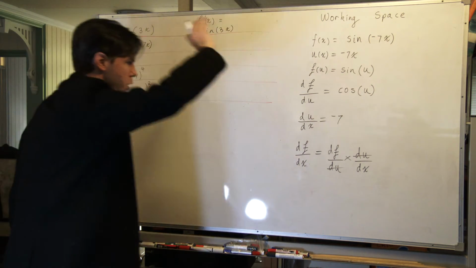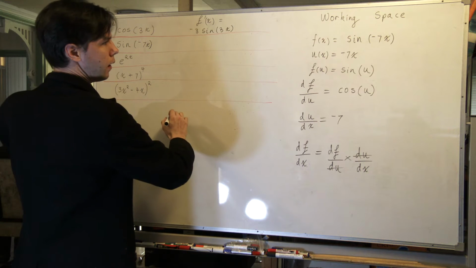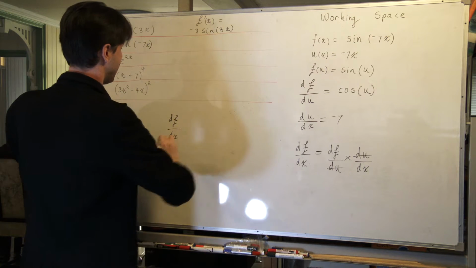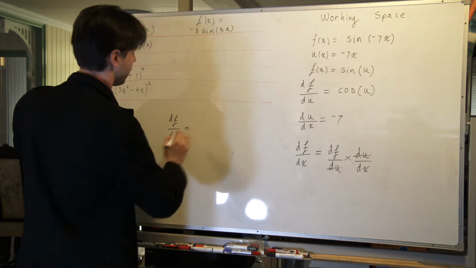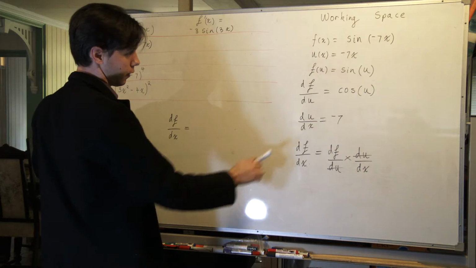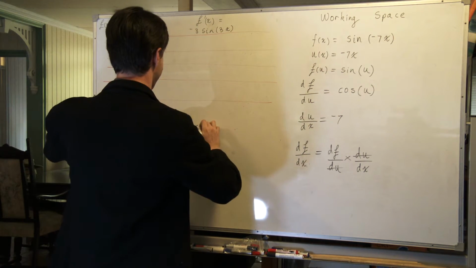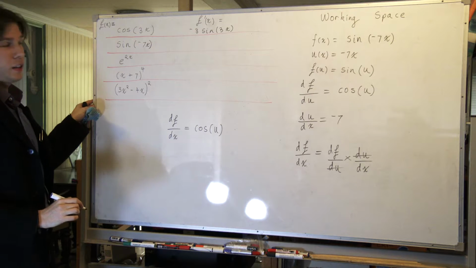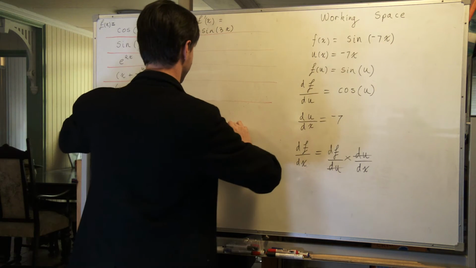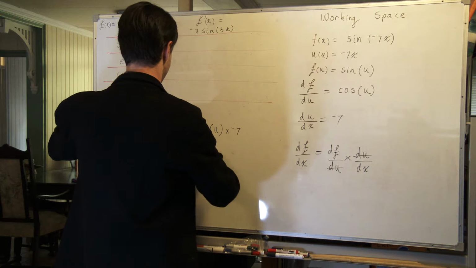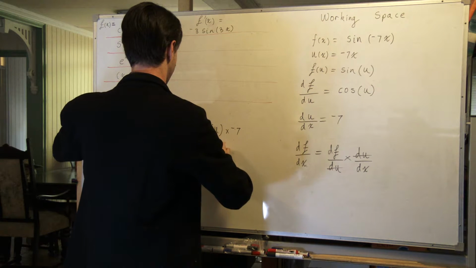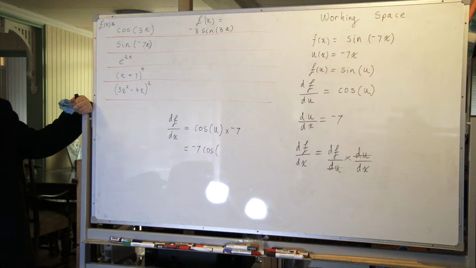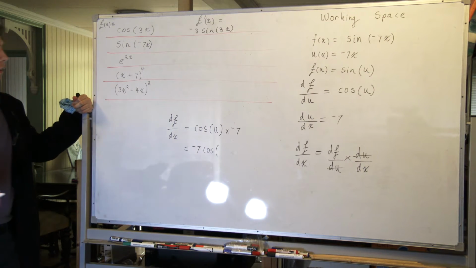My working out is going to spill on here. So we have df dx, and that equals df du, which is cos of u, times du dx, which is negative 7, so we have negative 7 times cos of u, and u is negative 7x.